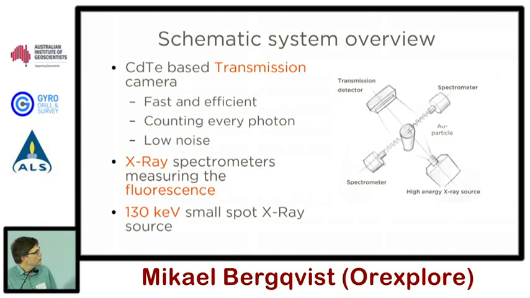There is a transmission camera that takes images of the X-rays that are transmitted through the core. And we have some XRF spectrometers that are looking at the radiation emitted from the interaction with the core. And we use a high energy X-ray source. The importance of that is something I will come to in a couple of minutes.